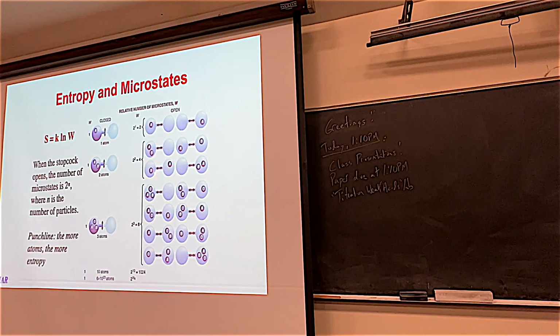So if you have A and B, you can have A and B both on the left, A and B both on the right, A on the left, B on the right, and flipped. 4 microstates. And if you have 3 molecules, you have more and more. You can see how the number of molecules raised to the second power is a way to do it. However, if you start getting to Avogadro's number, oh my goodness, you have tons of these different microstates.